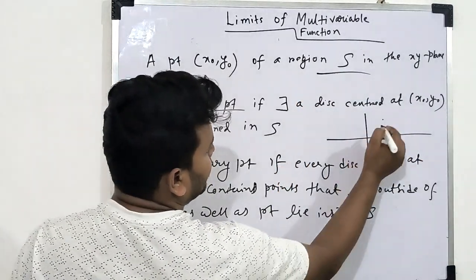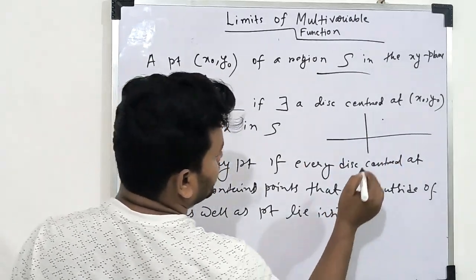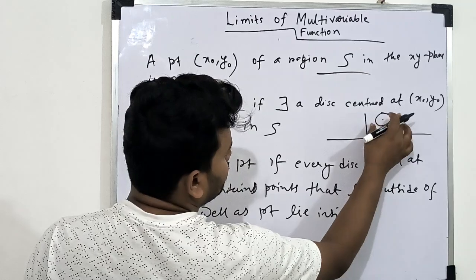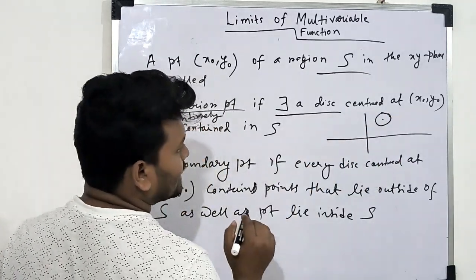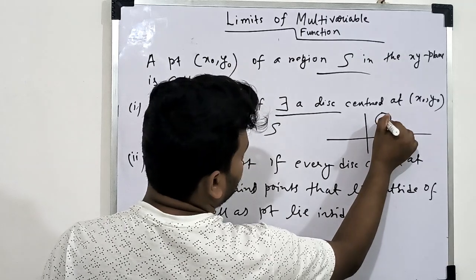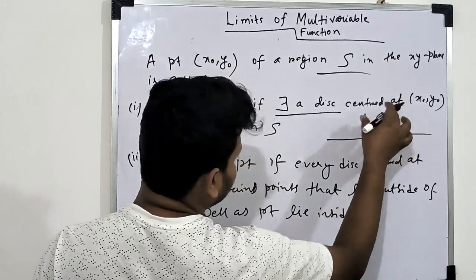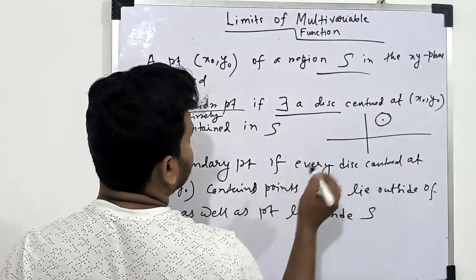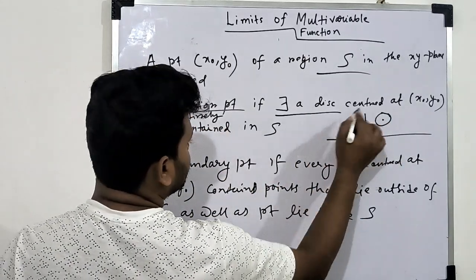Let us take the point (x0, y0) and a disk centered at (x0, y0). This is important: if there exists a disk centered at (x0, y0) that is entirely contained in S, then we say this point is an interior point of this region.